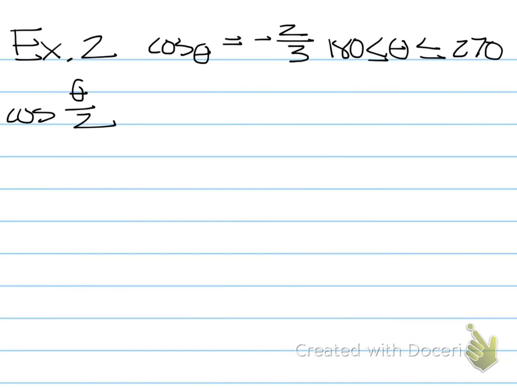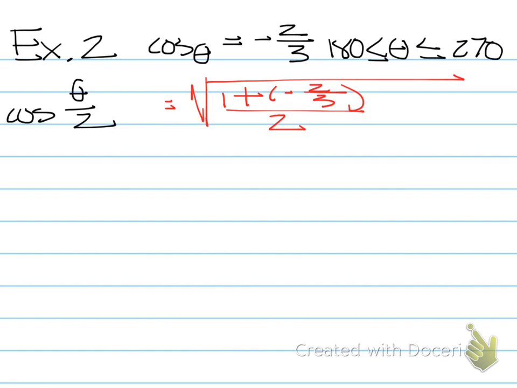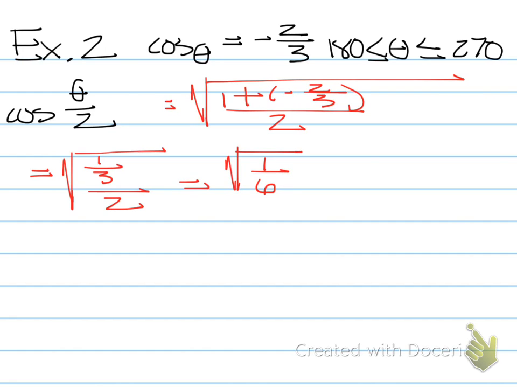For this one, we want to find out what cosine of half of theta would be. So we're going to use the cosine half angle identity. And so we have the square root of 1 plus what cosine theta equals, which is negative 2/3, all of that over 2. So 1 plus negative 2/3 is 1/3. And 1/3 divided by 2 is just 1/6.